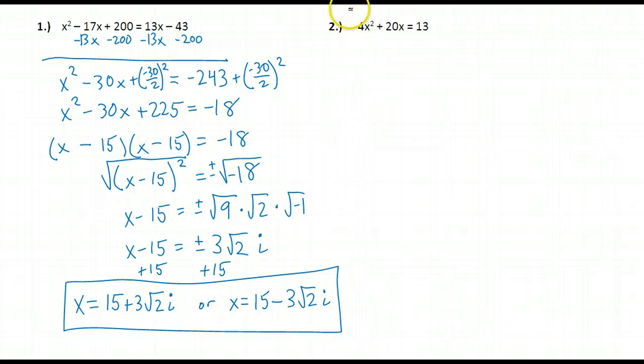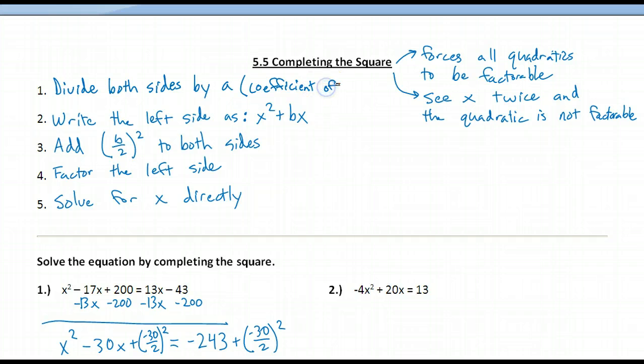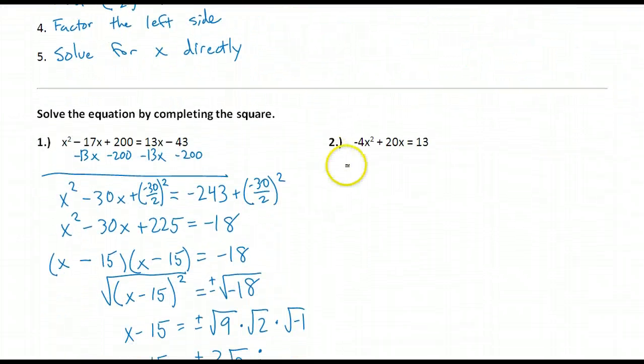So step number 1, before I want to start any of these, is to divide both sides by a. And what is a? Well, a is my coefficient of x squared. So in example number 2, I want to divide the left side by negative 4, and I want to divide the right side by negative 4.